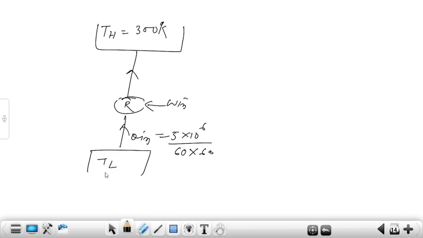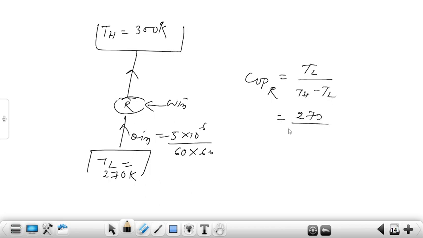The lower temperature is 273 minus 3 degrees centigrade, which is equal to 270 Kelvin. So COP is equal to refrigeration TL divided by TH minus TL. So TL is 270 divided by TH minus TL, 300 minus 270, which is 270 divided by 30, equal to 9.